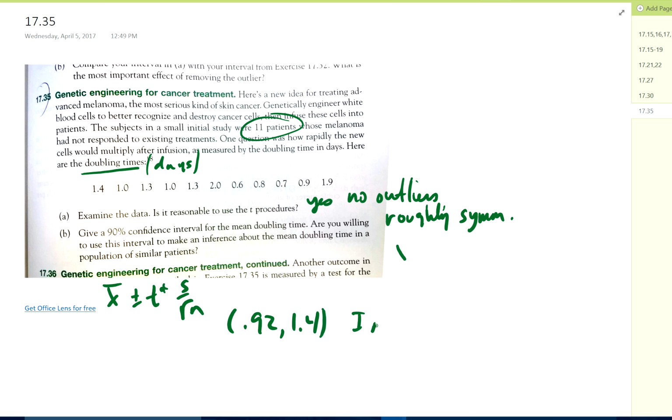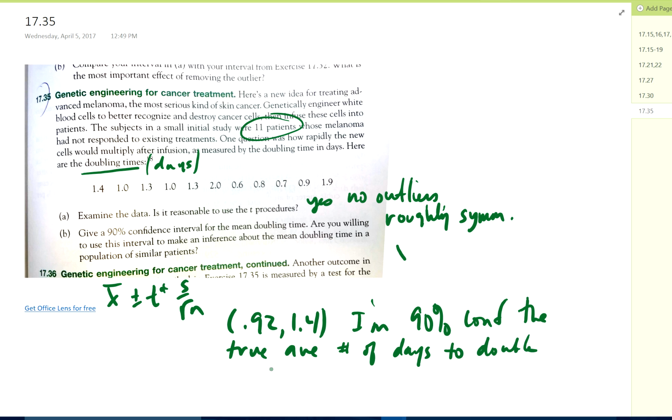So what that says is I'm 90% confident the true average number of days to double is between 0.92 and 1.4 days.